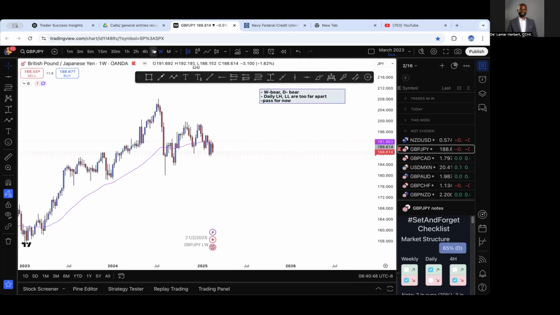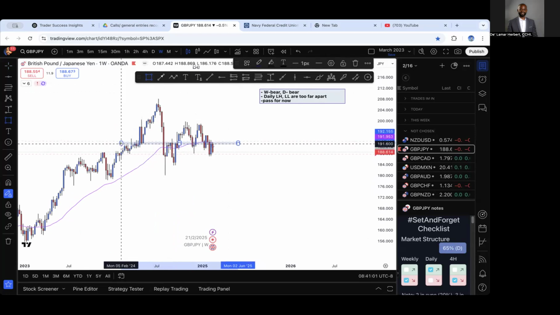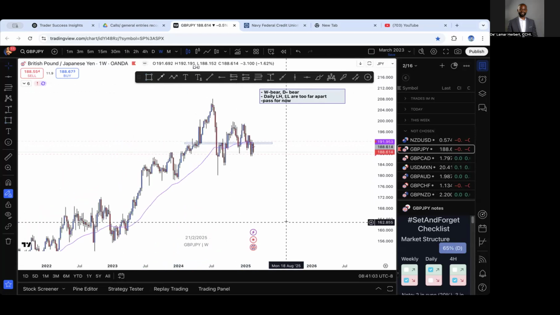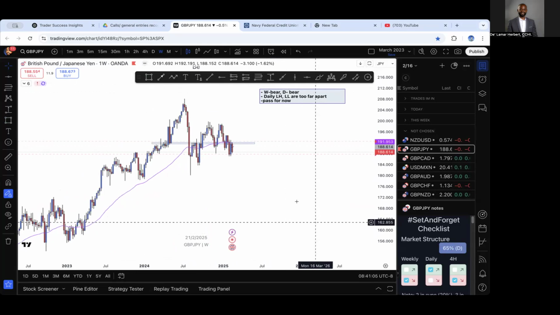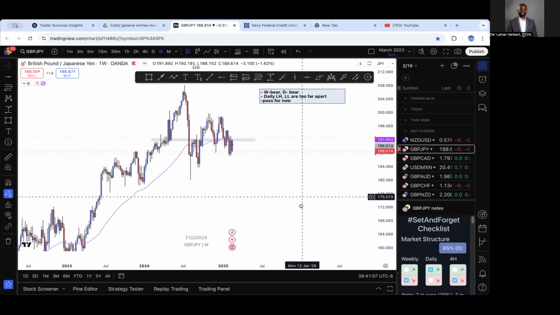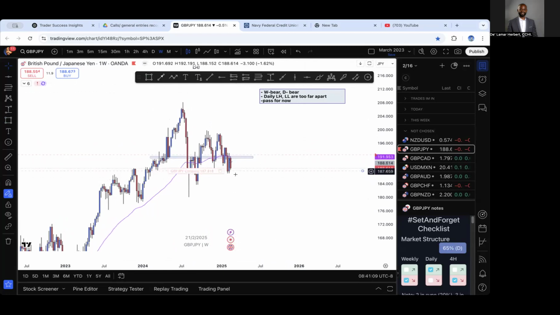Weekly. Okay, weekly is technically bearish right now. Where is price? Let's see. So if we have weekly is bearish, we can technically say this is an AOI right in here, right? But there is going to be a huge problem here because look, we have weekly is bearish, right? We're moving away from the AOI.